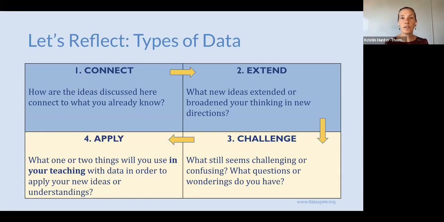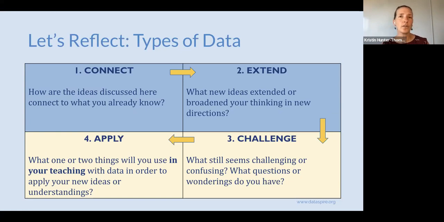So the reflection here for this mini lecture is to pause. First, think about how do these ideas connect to what you already know? And then extend. What new ideas extended or broadened your thinking about types of data and incorporating data into teaching? 3, what still seems challenging or confusing about what types of data to use or how to collect the data or ways that we would use the data?